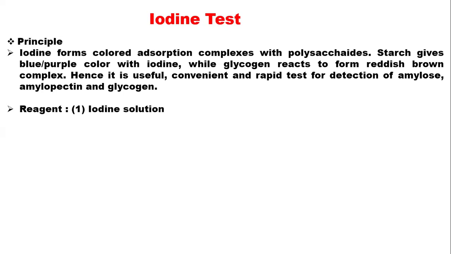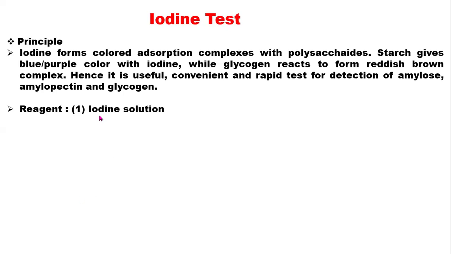You have iodine that forms an adsorption complex, that is the iodine molecular entrapment with polysaccharides. Starch gives a blue-purple color with iodine, while glycogen reacts to form a reddish brown complex. And it is a useful, convenient, rapid test to detect amylose and amylopectin and glycogen.